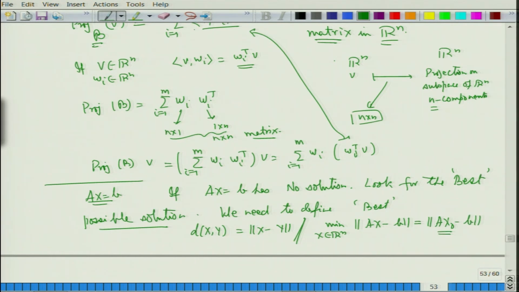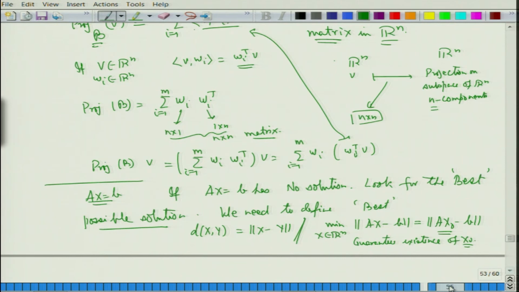Because I have to guarantee the existence of x naught. Here I could do it basically because I am in Rn, I have a standard inner product. This distance function is a continuous function, closed interval, everything is nice, I could do it, all right. In a general setup, I may not be able to do things, but at least in this setup I could do it.